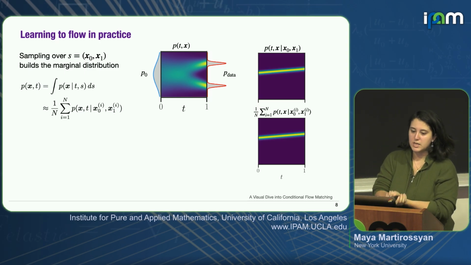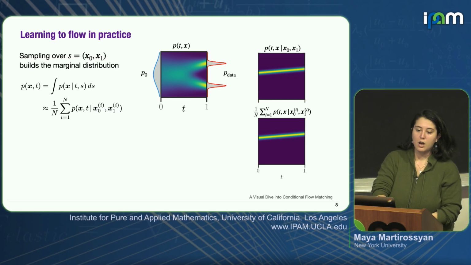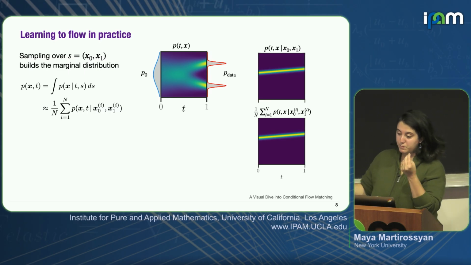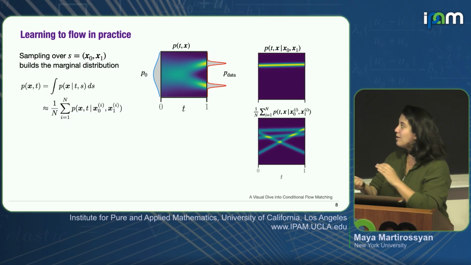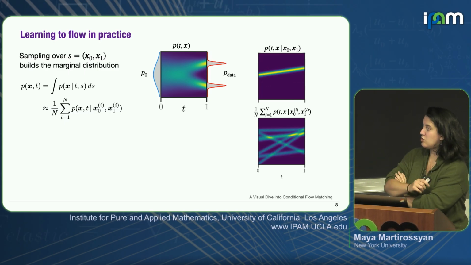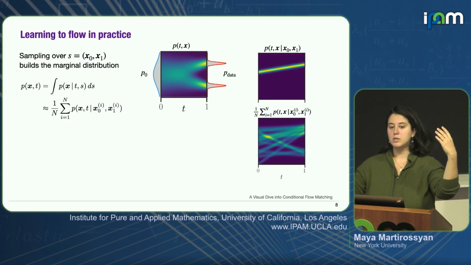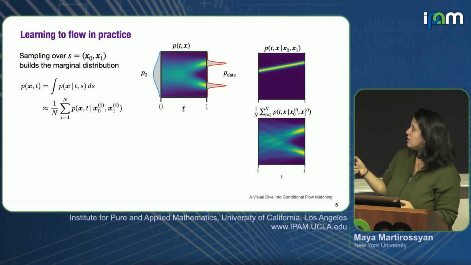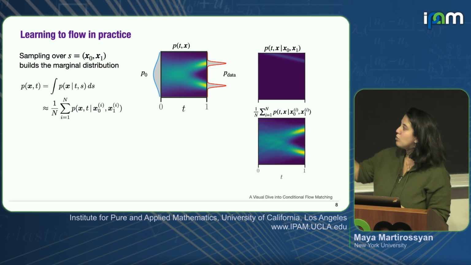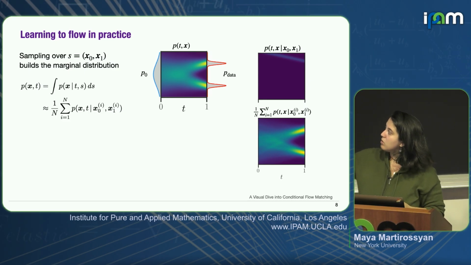What that looks like is that we build what's called the marginal distribution that is built on our samples. I think this video does a really nice job of explaining this. If we pick samples over and over again, effectively you do learn the distribution that maps you from P0 to P1.